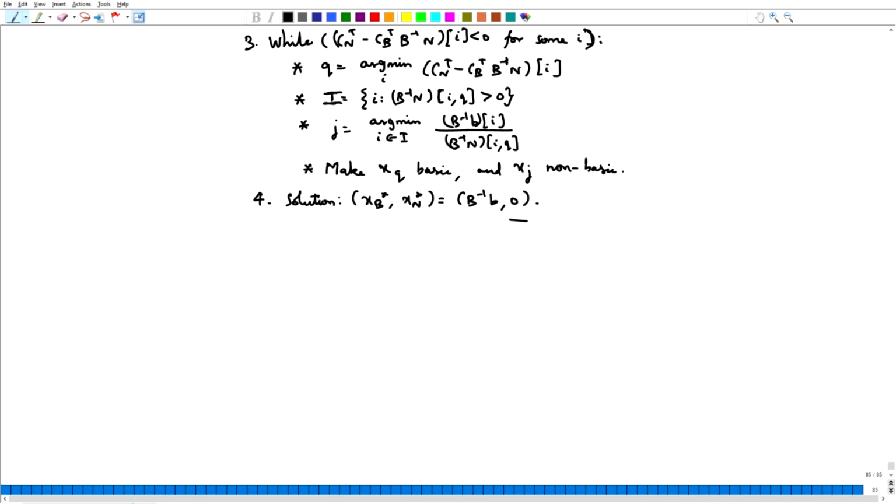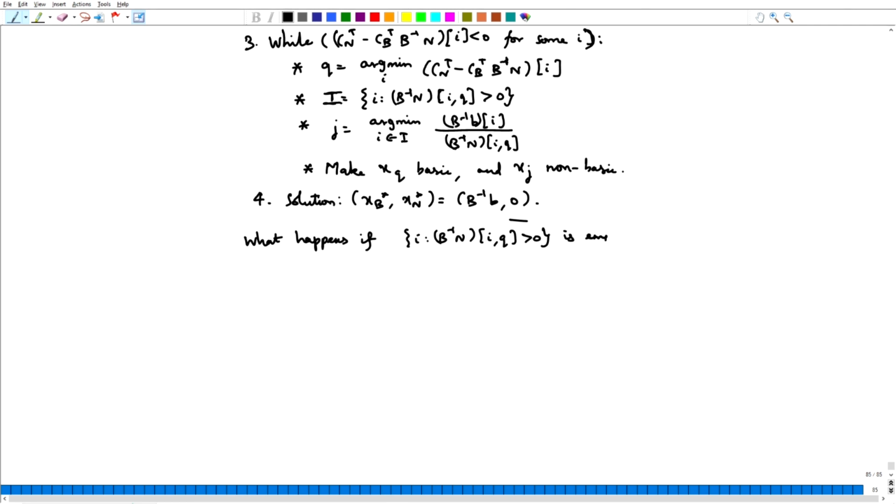So, what happens if, yeah, the set of i's for which B inverse n I q greater than 0 is actually empty?